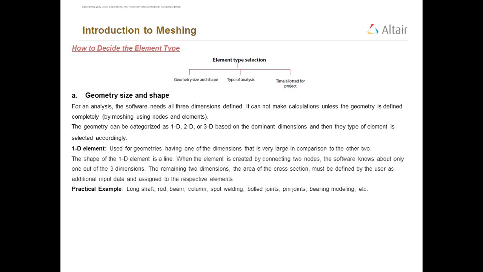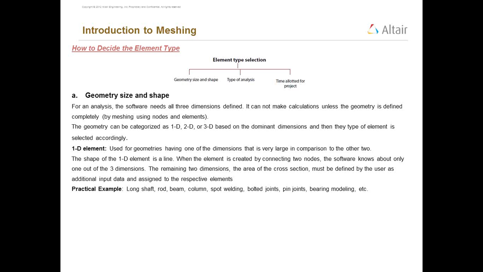Say for example, 1D elements are used for geometry having one dimension that is very large in comparison to the other 2. If you see such a geometry, then only you can use 1D elements. The shape of the 1D element is a line.